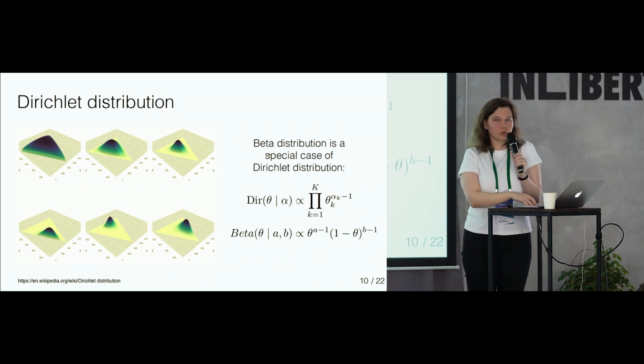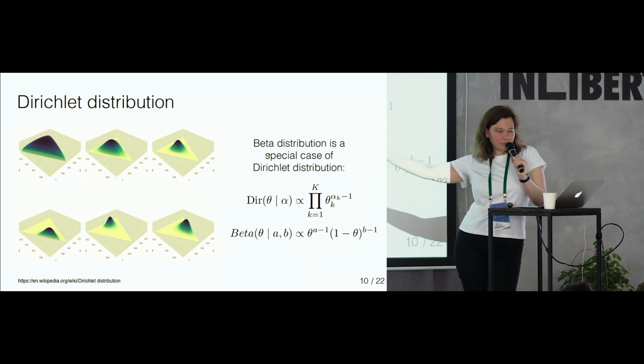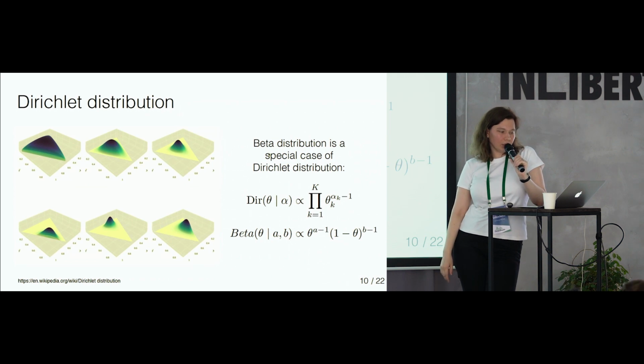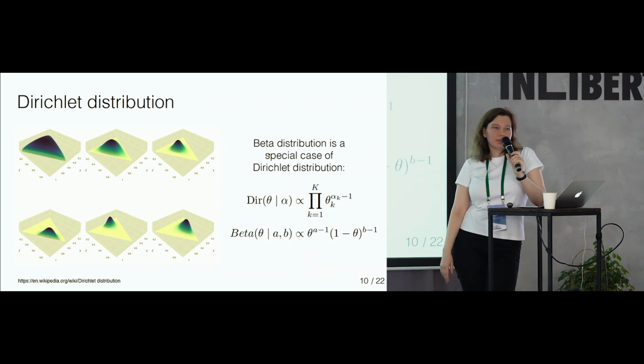So why is it good? Because you may use this distribution to say that you want a sparse solution or not a sparse solution. In the case of the dice, if your distribution is like this, then your dice is like a normal dice. If your distribution looks like this, with low probability in the middle, then it's a very strange dice with, for example, I don't know, 1 on each side.